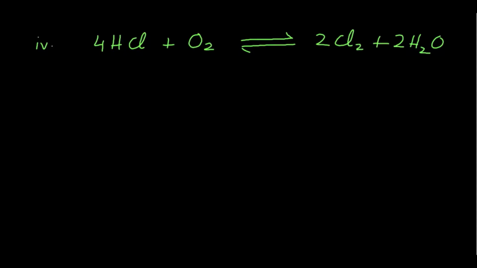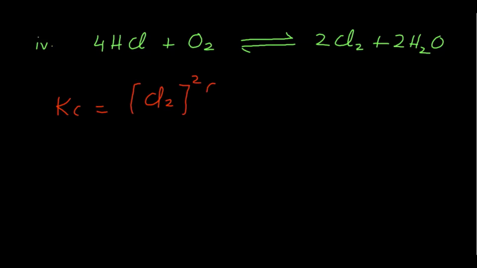Now students, we will see what next question is given to us. Next is the reaction of hydrogen chloride with oxygen to form chlorine as well as water. Now students, we will write the Kc for this reaction. Kc is equal to, what are the products of this reaction, students? Chlorine and water. So this should be written in the numerator. Chlorine, how many moles of chlorine are given? 2.